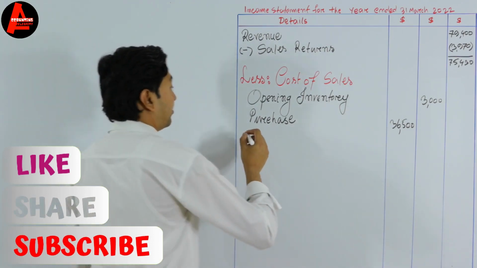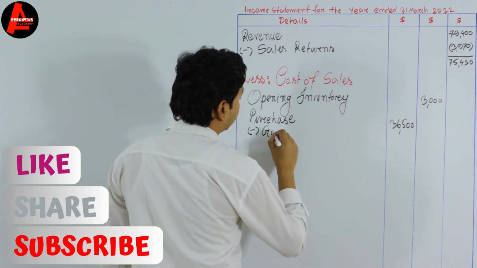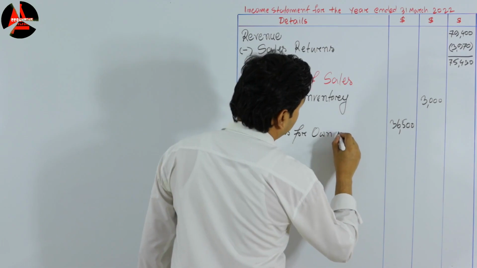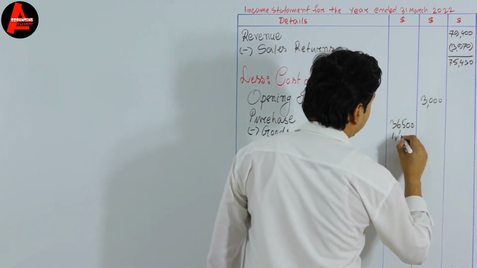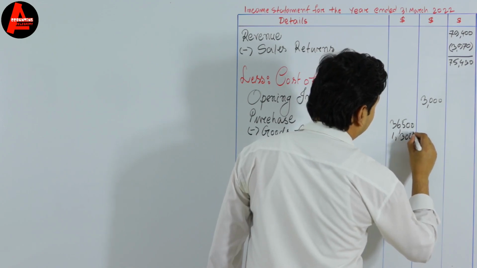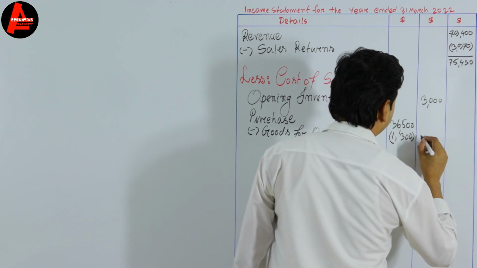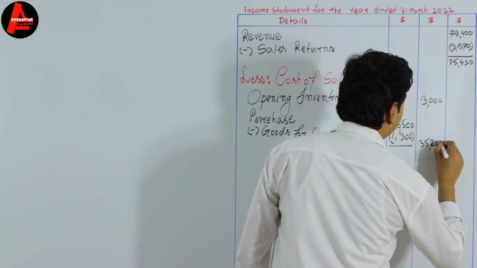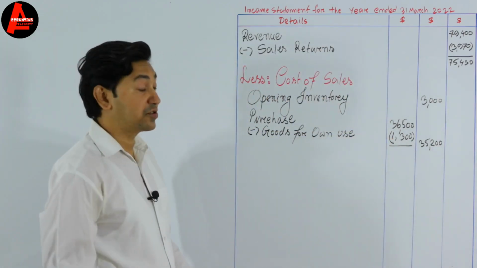So let us write here less goods for own use, $1,300. If we subtract, we get here $35,200. This is the calculation of purchases and goods for own use.